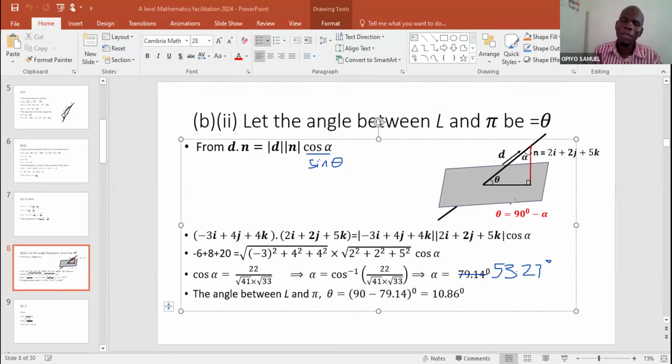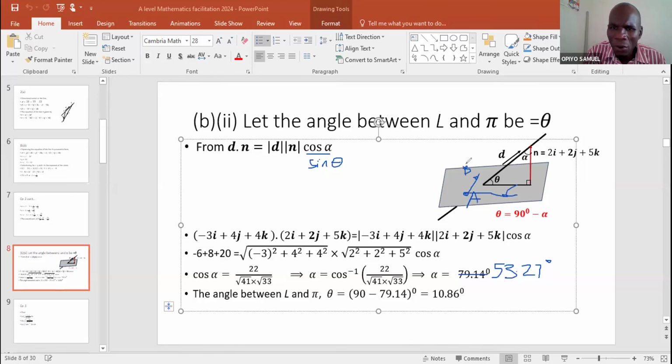Okay. If you have been given points on the plane, assuming you have point A here, another point B and another point C, to get the vector normal to this plane, you first get the vector AB, get the vector AC.